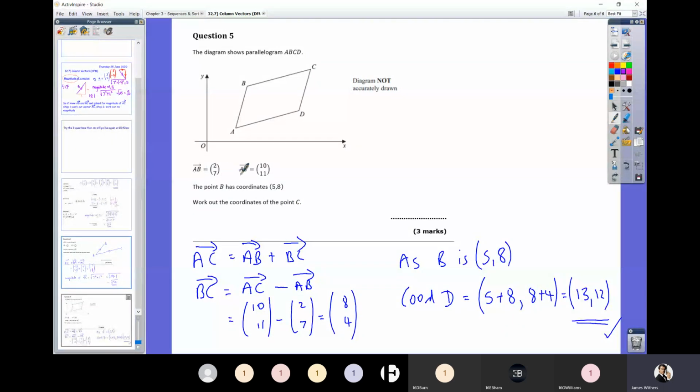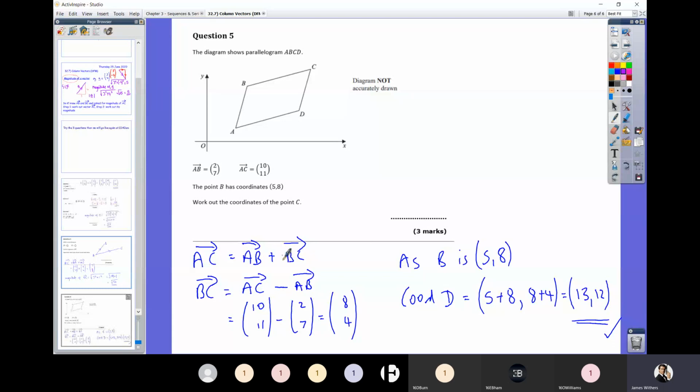Okay. I'm going to say, right, how do I get from A to C? I go from A to B and then B to C. Okay, so that's easy enough. Now, just rearranging this, taking away AB from both sides, I can see that BC is therefore AC take away AB.